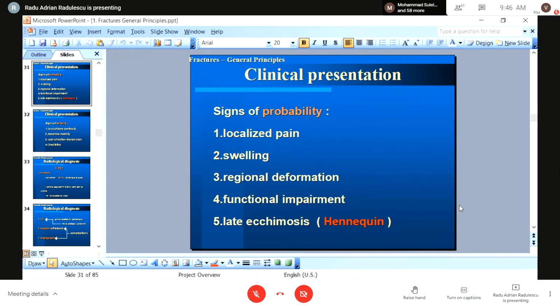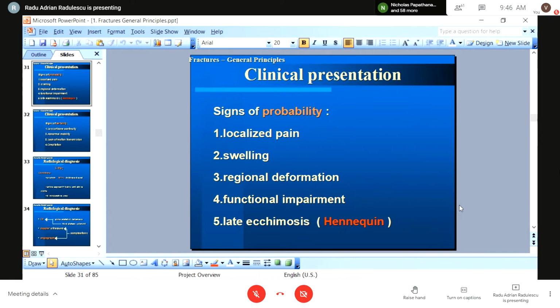So normal function of the area is totally abolished or diminished, depending on the site of the fracture and the displacement of the fracture. So that part of the limb will be functionally impaired.